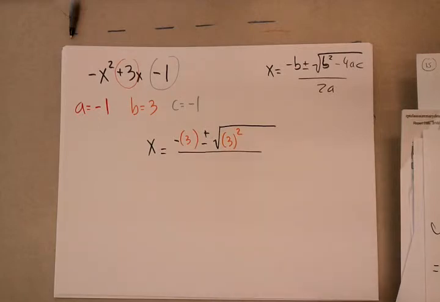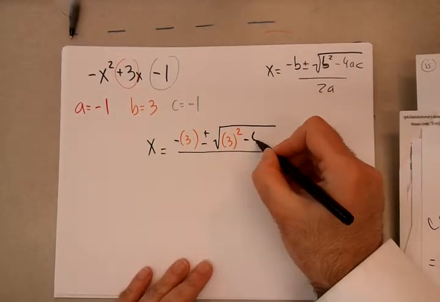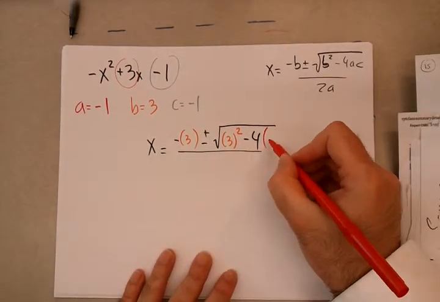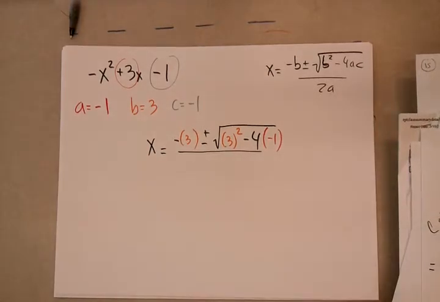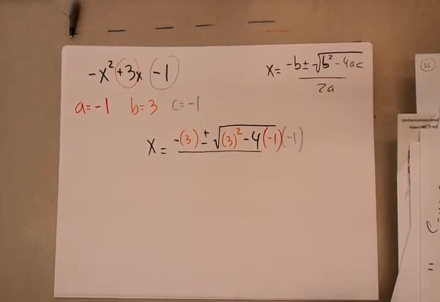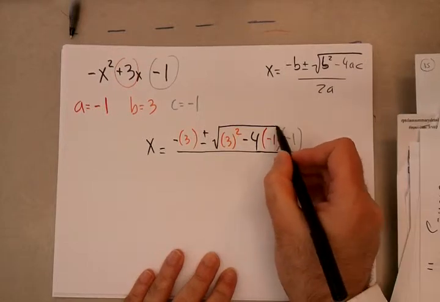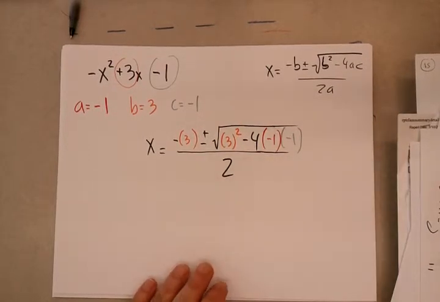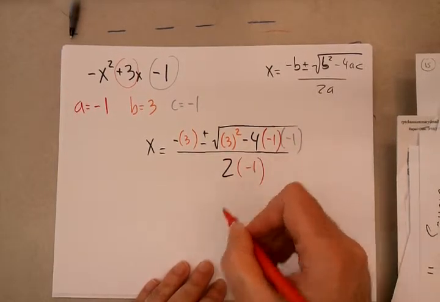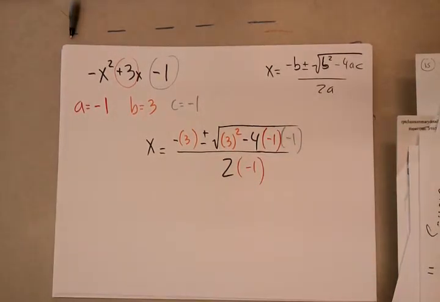Then it's going to be a minus 4ac, so minus 4 times our a, which is a -1, times the c term, which is also -1. Perfect. And then at the bottom we have 2 times a, which is our -1. Alright, so now we plugged everything in.